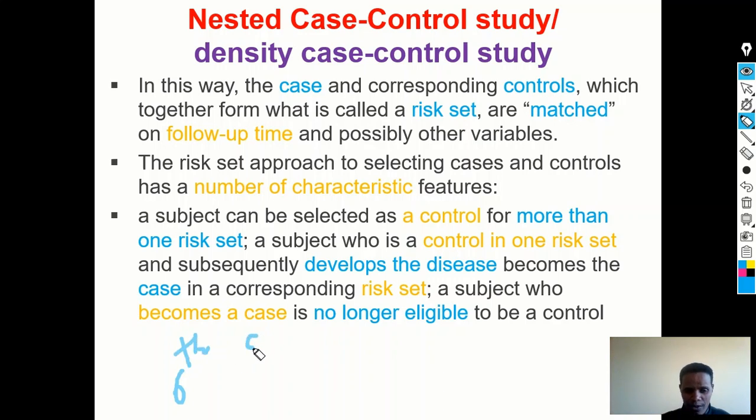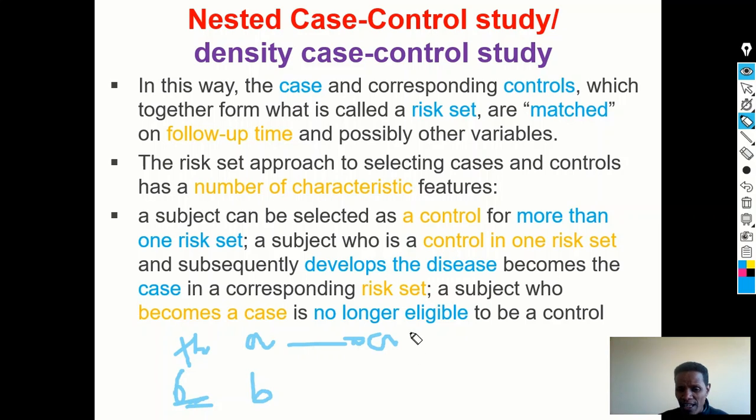For example, at the 6th year, if you get a case, let me call the individual A, a case at the 6th year follow-up, and then you select the control, which is B. In the 7th year, the case remains a case.